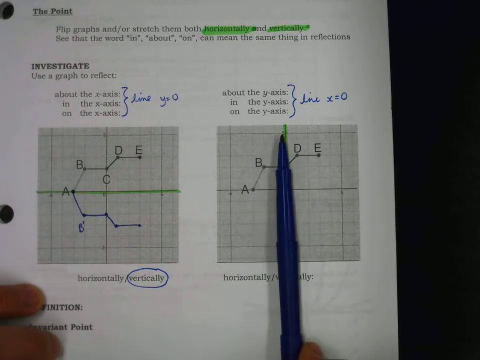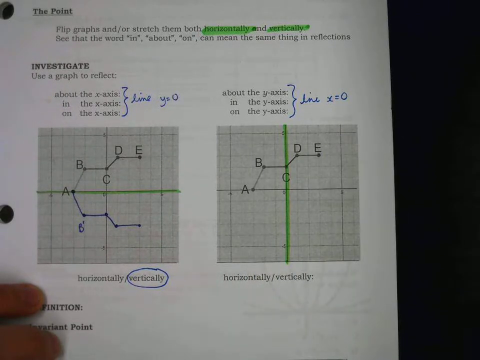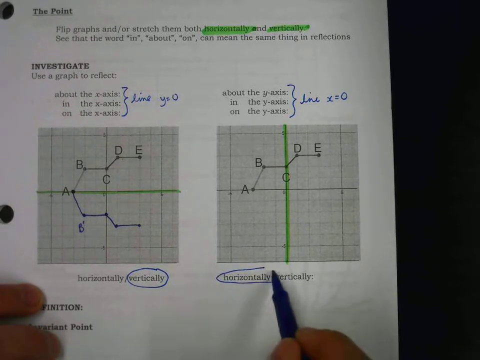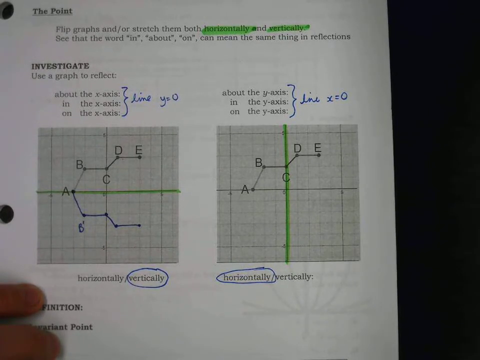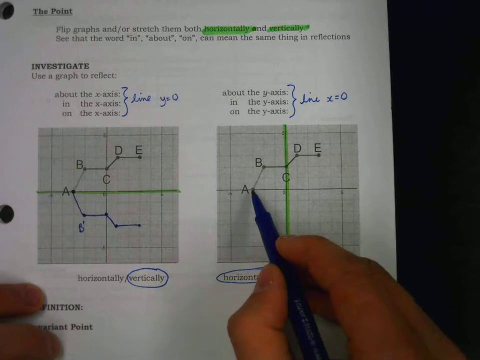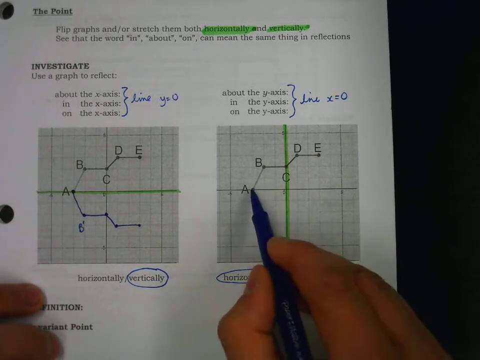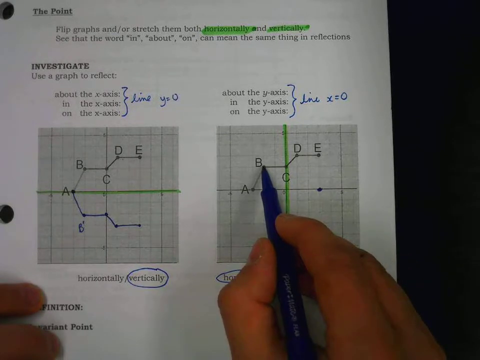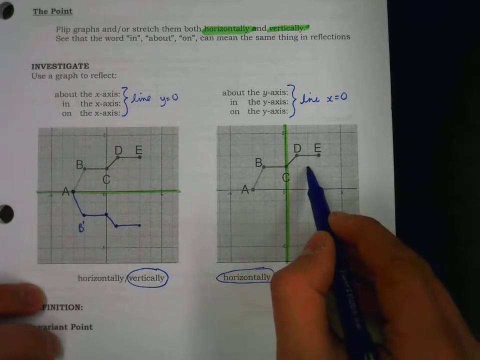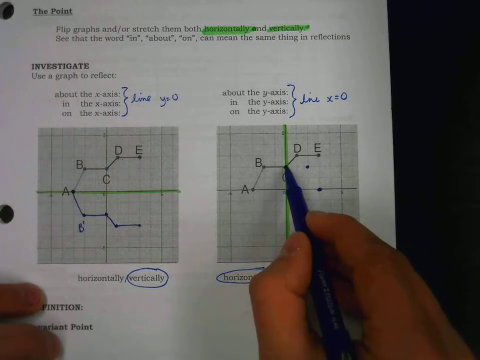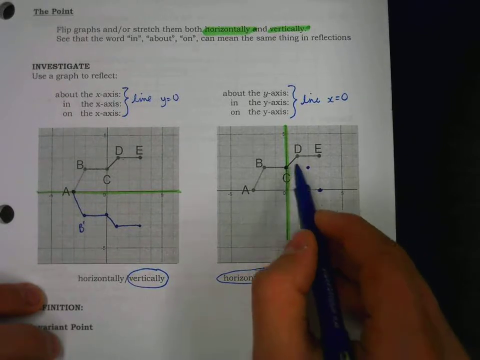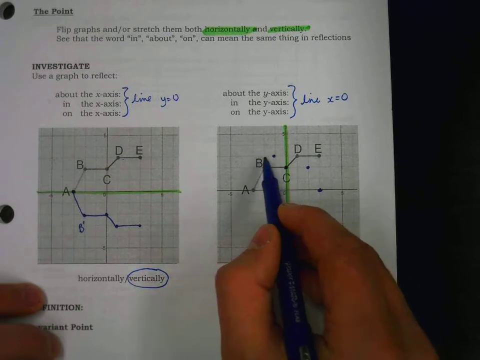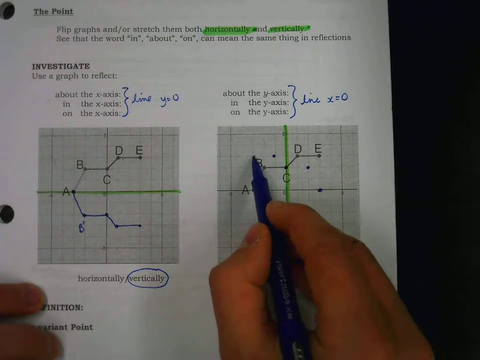It's the line x equals 0. So if we're flipping horizontally about the line x equals 0, we're flipping about the y-axis, and all of the x values are changing. This x value is a negative 3, it flips to a positive 3. This x value is a negative 2, it flips to a positive 2. The x value of 0 doesn't get to flip, and the D and the E reflect just the same.